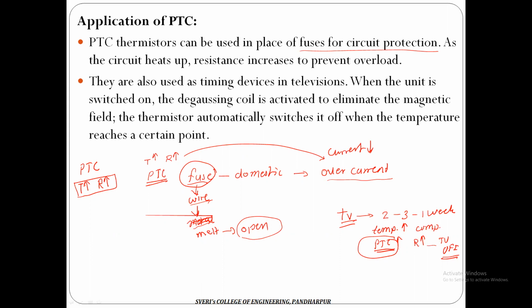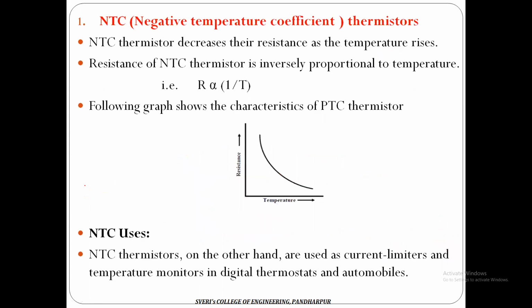Get it, my point? And now the second type we call an NTC type of a thermistor, means a negative temperature. Now you can try to read it. NTC thermistor decreases its resistance as temperature rises. It means that its relation is inversely proportional. And this is the graph. It's an inverse.